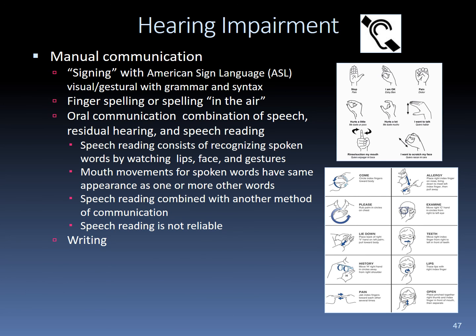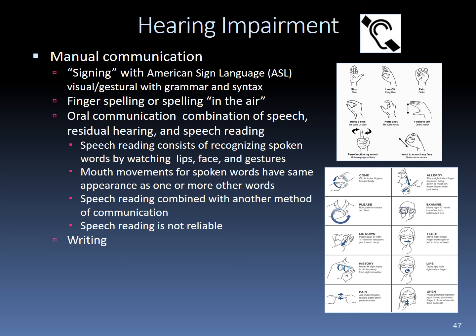Manual communication with patients who have hearing loss may involve the use of sign language, writing, and oral communication. Signing with American Sign Language uses visual gestures that include grammar and syntax in the delivery of speech. Finger spelling or spelling in the air is another means of easy communication with patients. Oral communication is a combination of speech, residual hearing, and speech reading.